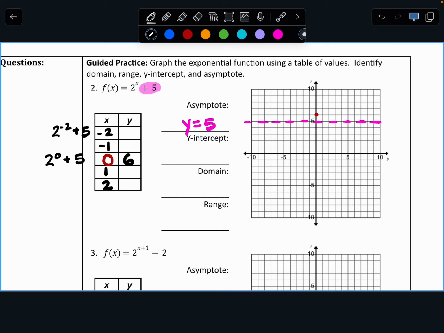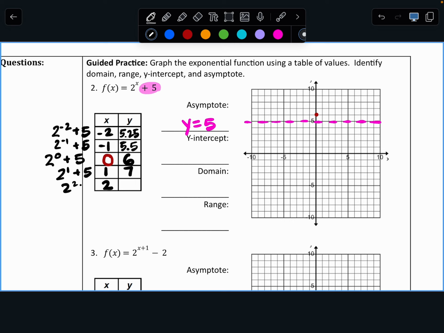Okay, so if we substitute in -2 for x, we're going to get 5.25. If you substitute in 2 to the power of -1 plus 5, you will get 5.5. 2 to the power of 1 plus 5 is 7.